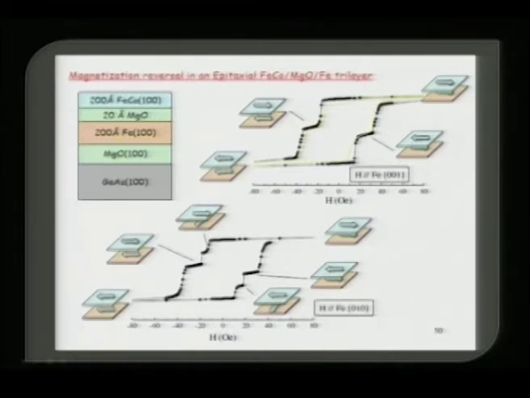The device shown here is a gallium arsenide based device, where this is the substrate, and this is an MgO layer deposited to provide the substrate template. Then you have the ferromagnetic iron layer of 200 angstrom, that is 20 nanometers, separated by a 2 nanometer MgO, and then you have 200 angstrom FeCo.